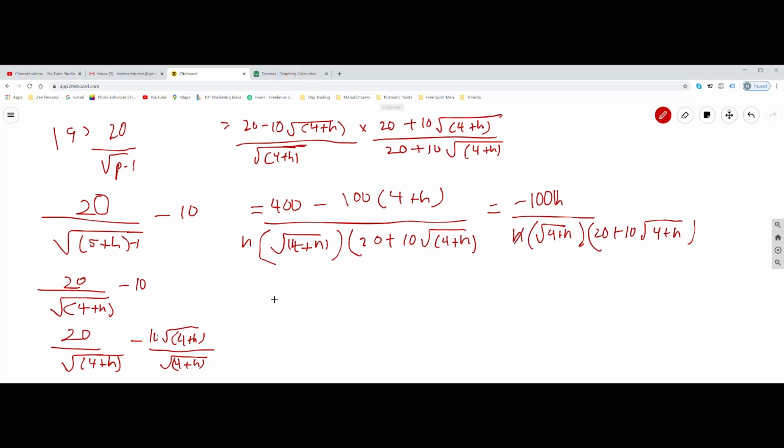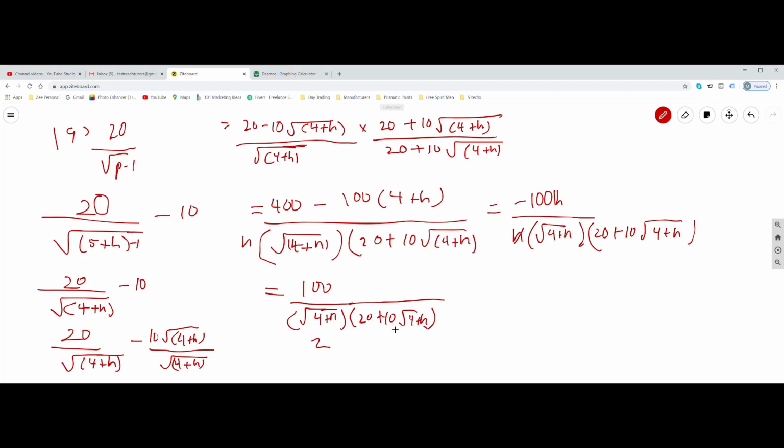Cancel and cancel. Left with 100 over square root 4 plus h, 20 plus 10 square root 4 plus h. So if h is 0, you have square root of 4, which is 2. This is equal to 2.